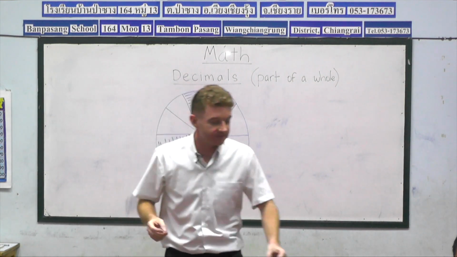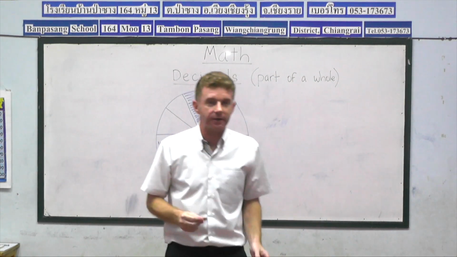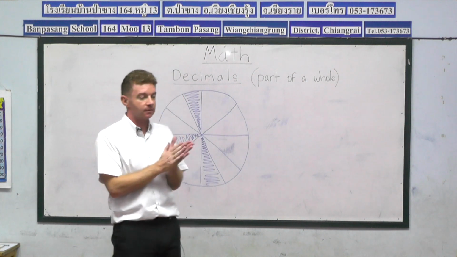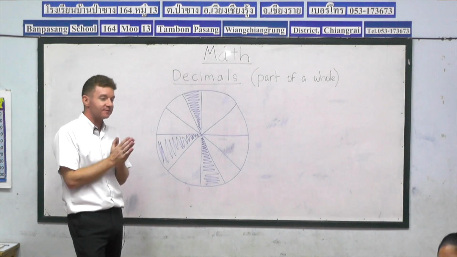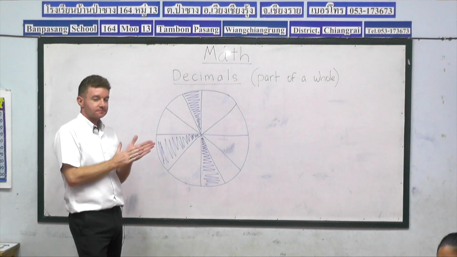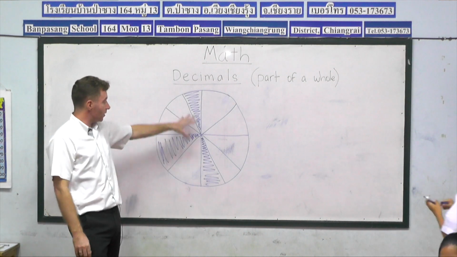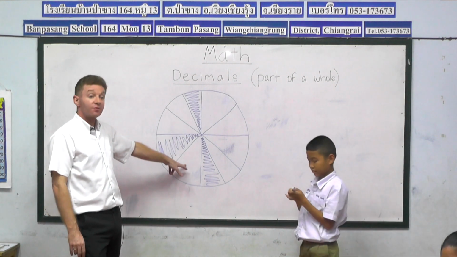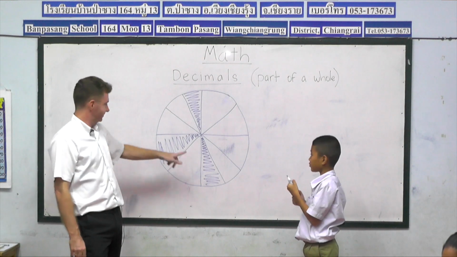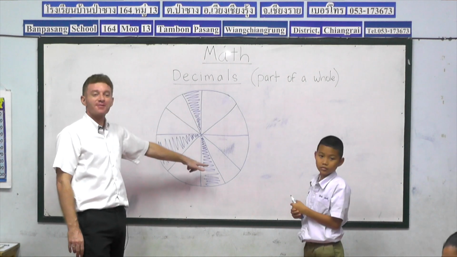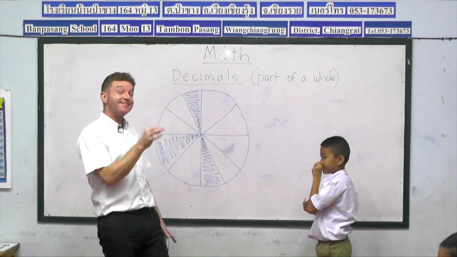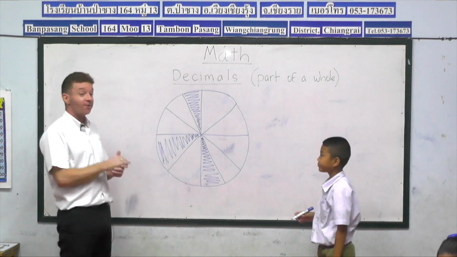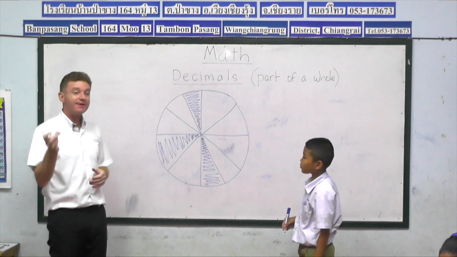And now it's the turn of Pangpon to show me how to write this as a decimal. So Pangpon, come and join me at the front. So this time, guys, how many parts of our circle coloured? 3. 0, 1, 2, 3. So how do we write this as a decimal? 0.3.